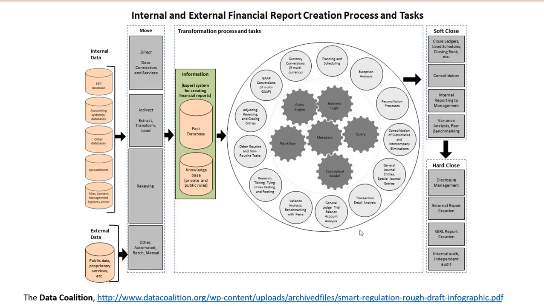And these are those tasks and processes. So I'm not going to go over each one of these. You can read it and see posting journal entries. Okay. And then you have the notion of a soft close and a hard close and how that is done. So ultimately you have the XBRL report created.